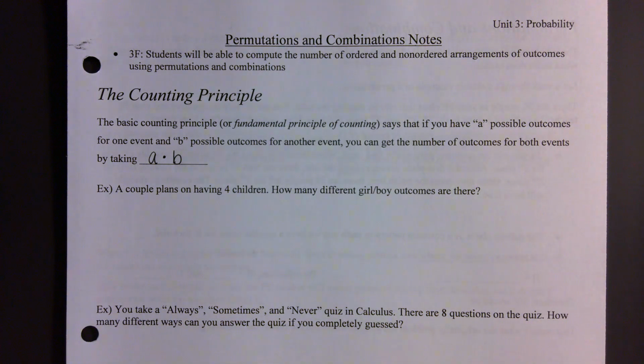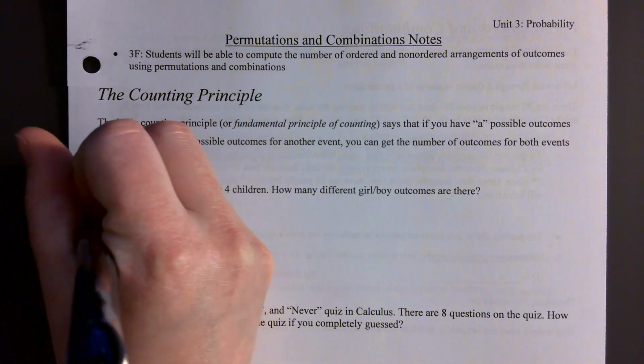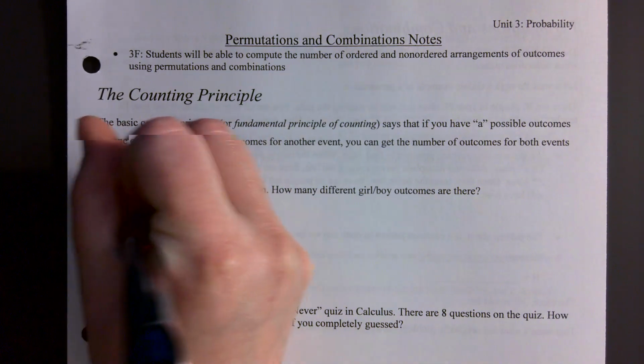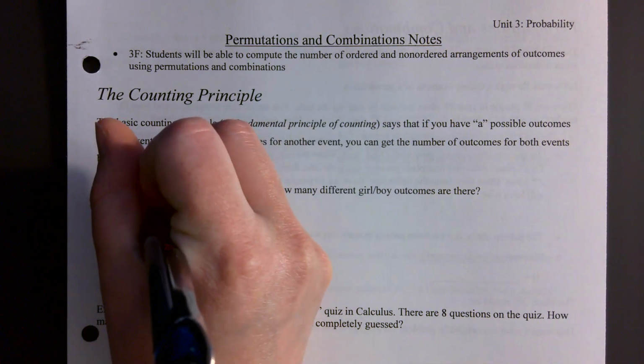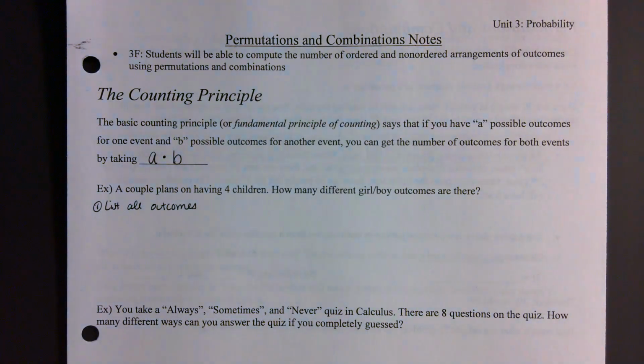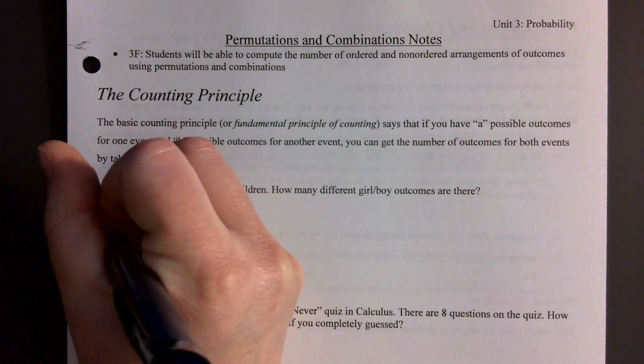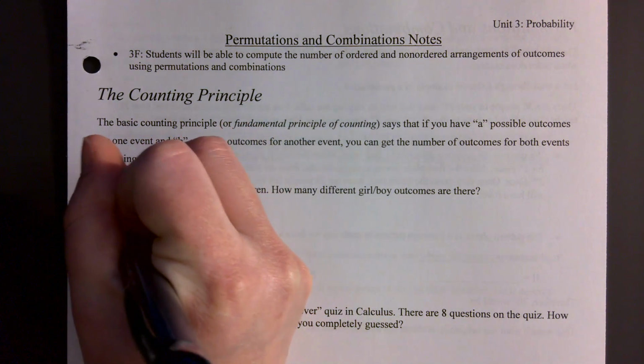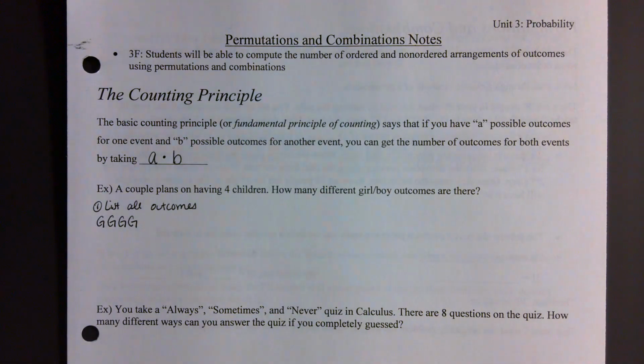When we're taking a look at the different girl-boy outcomes, we can list all of them. So the first way is to list all the events. So if I list all the outcomes, let's just start with girls. All 4 are girls.